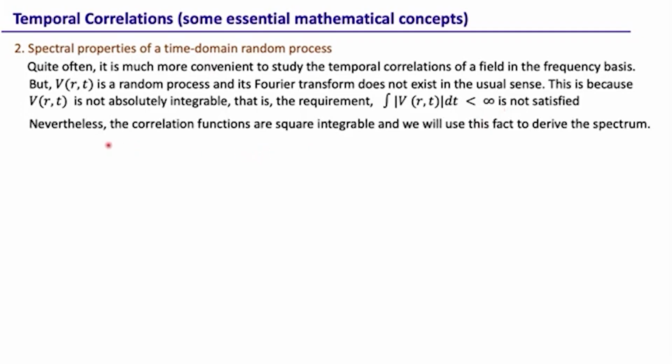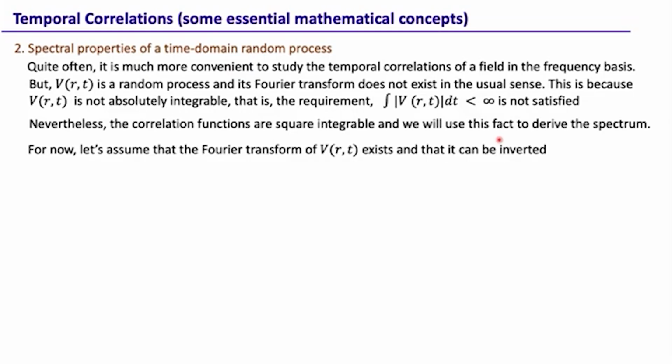But we just use the fact that even though this function is not absolutely integrable, the correlation functions are actually square integrable, and this fact is used to derive the spectrum and study the random process in the frequency domain. So here we will just assume that the Fourier transform of the signal exists and can be inverted.